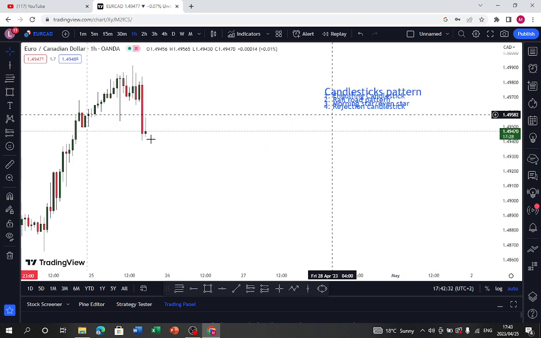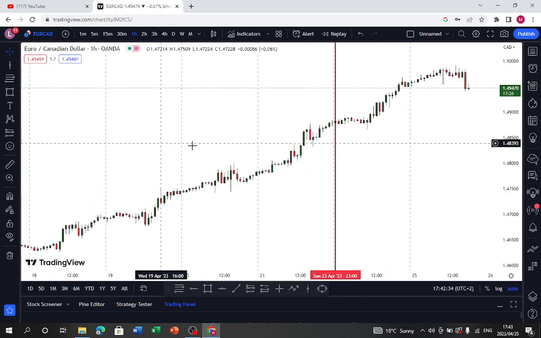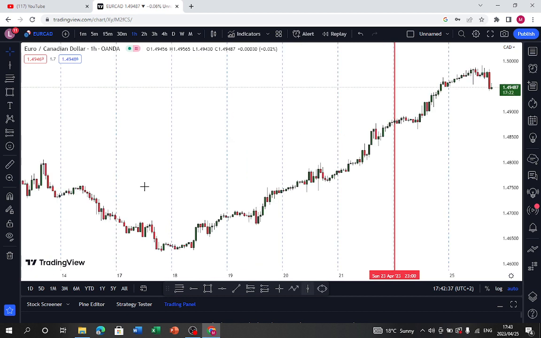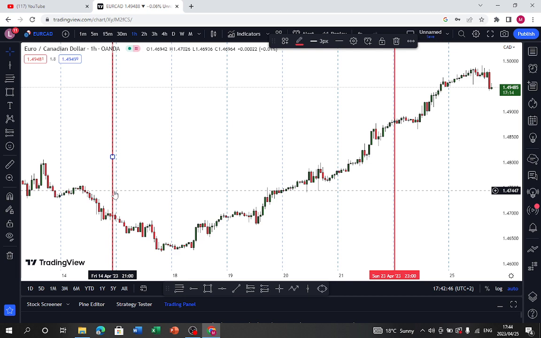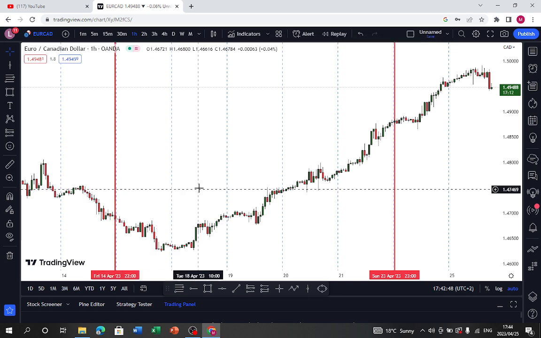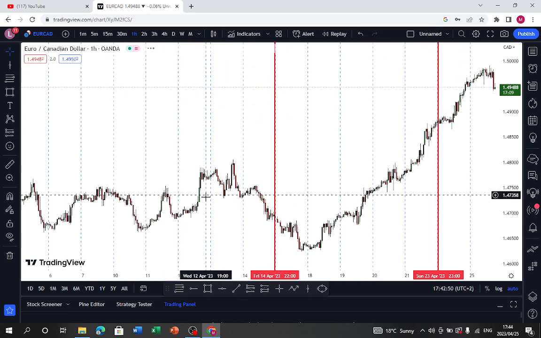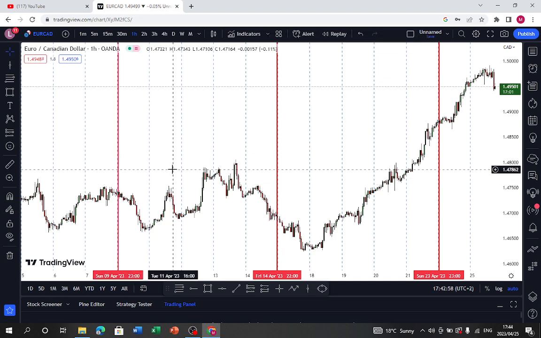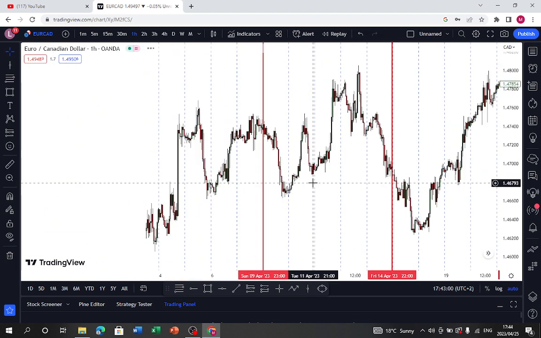A bearish engulfing, right? So first of all, let's do as we normally do, and mark our weekly. So we're gonna look for engulfing candles.